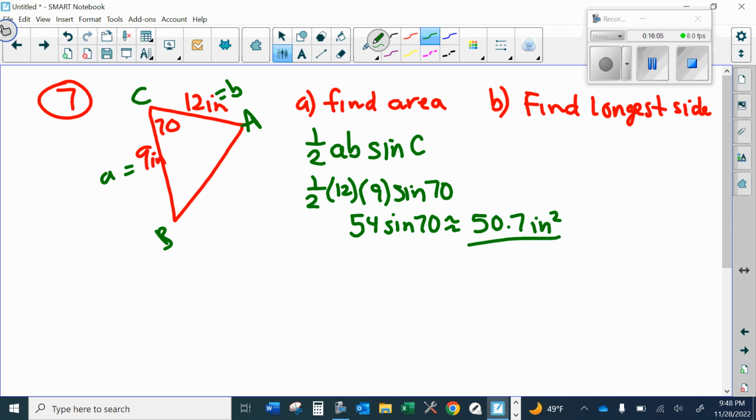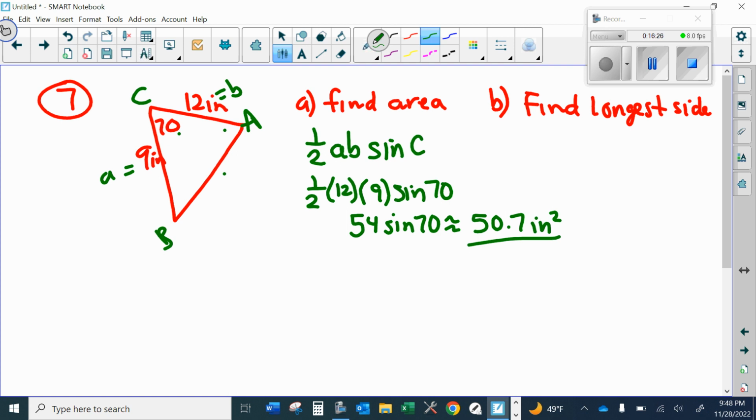Okay, now the longest side, we do not have law of sines to use because remember, law of sines, if I have this angle, I need to either have this opposite side or else I'm going to need one of these two angles, A or B, which I don't have at all. So law of sines doesn't work.